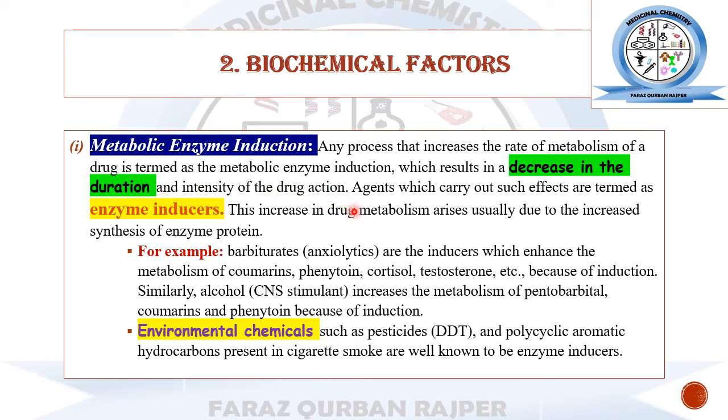There are different types of drugs or agents, chemical or environmental, that act as enzyme inducers, meaning they stimulate the metabolic enzyme to enhance its function. For example, drug molecules like barbiturates, the CNS depressant alcohol, pentobarbital, phenytoin, cortisol, testosterone and coumarin all have the ability to stimulate drug metabolism enzymes.